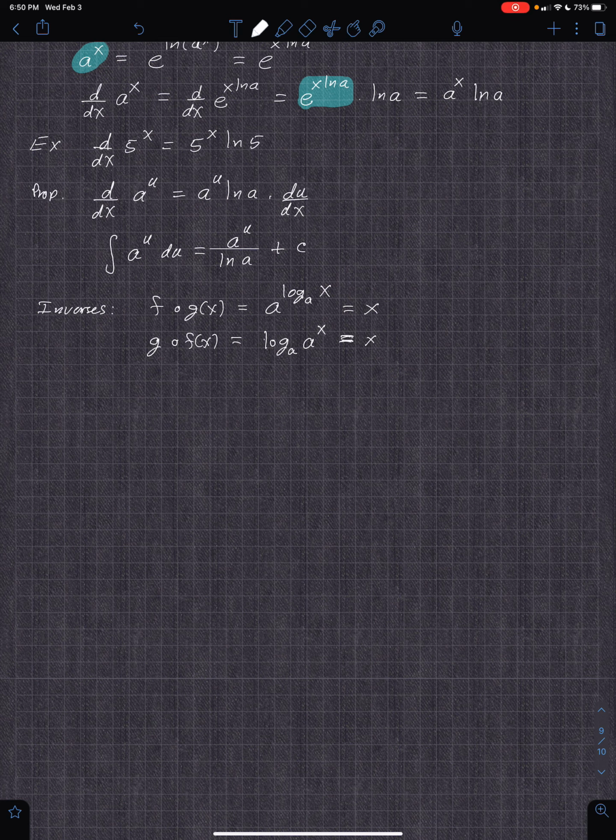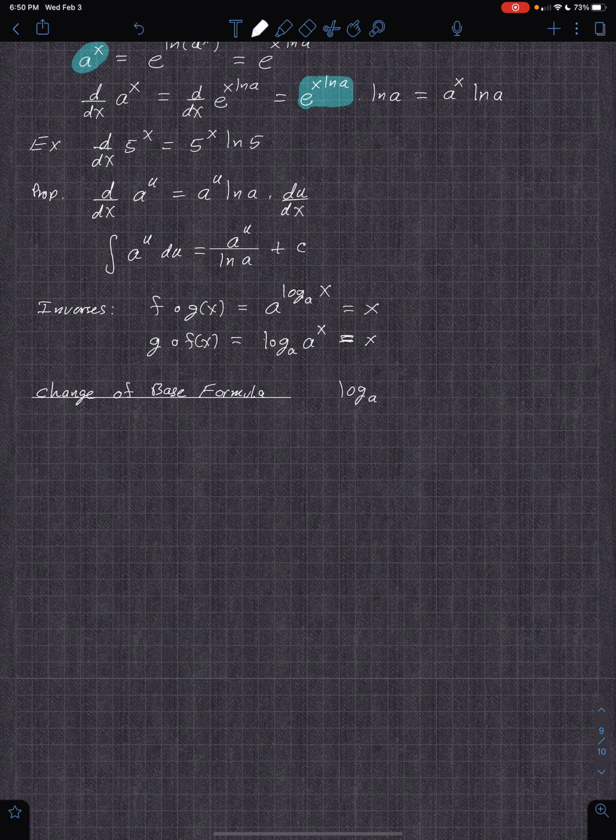Last thing we'll do, I'll do it now, it will show and derive the change of base formula. Okay, so change of base formula, which you would have seen, I'm sure.